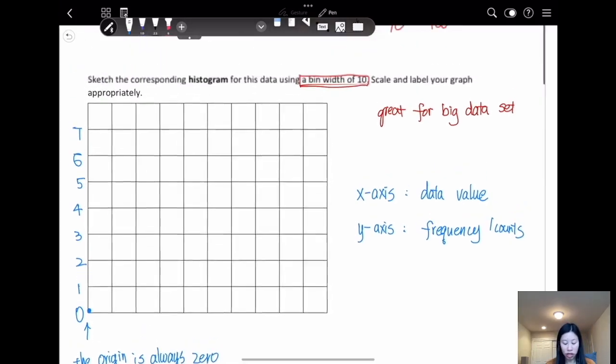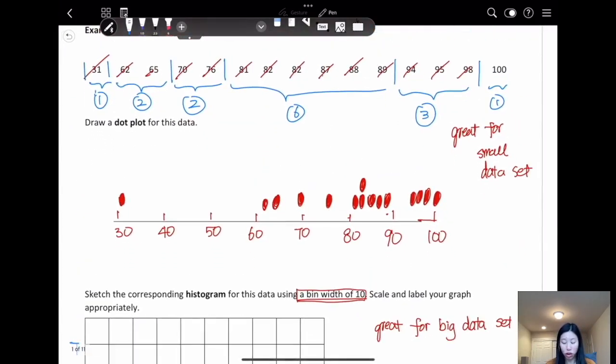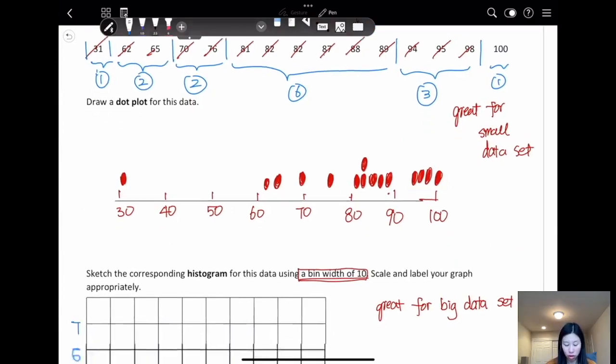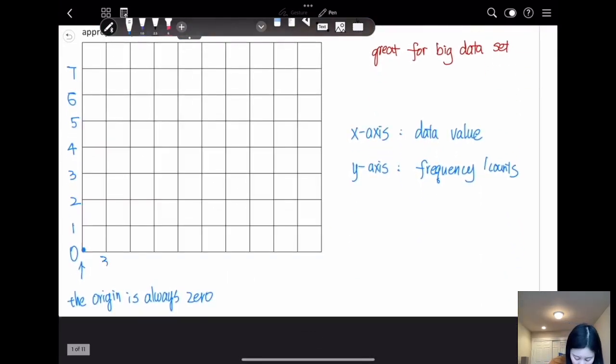Since our data range is from 30 to 100, maybe we can start with 30, and then 40, since each bin width is 10. So we want this to be 50. We add 10, we have 60, 70, 80, 90, and 100.